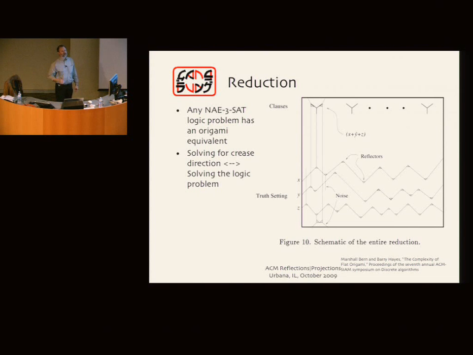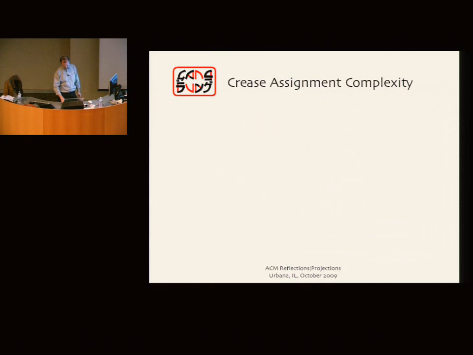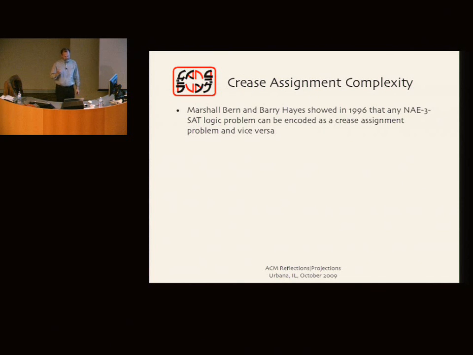Solution to one gave the solution to the other, and vice versa. And that was the interesting result, because you see, not-all-equal 3-SAT is a special problem. It's NP-complete. And what they proved was that the problem of assigning creases to an arbitrary origami question was also an NP-complete problem.